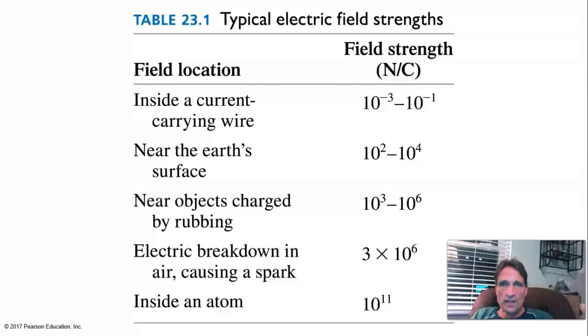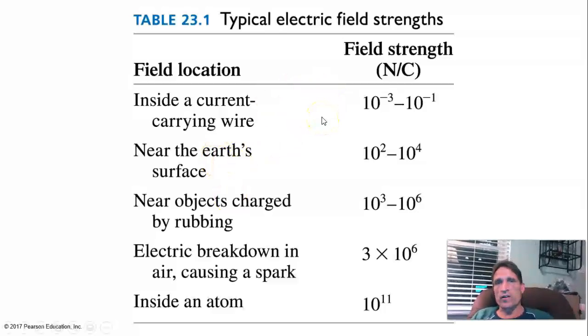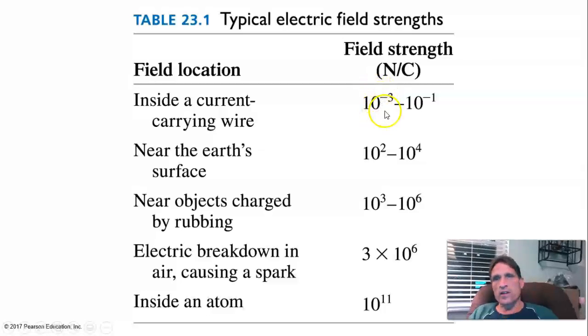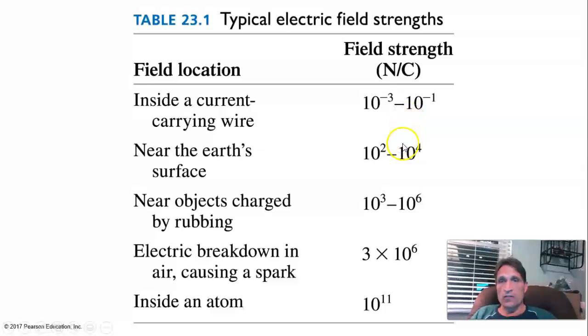Here are some magnitudes of the electric field. Inside a current carrying wire, the electric field strength is relatively small, on the order of 10 to the negative 3 to 10 to the negative 1 newtons per coulomb. Stronger near the Earth's surface.